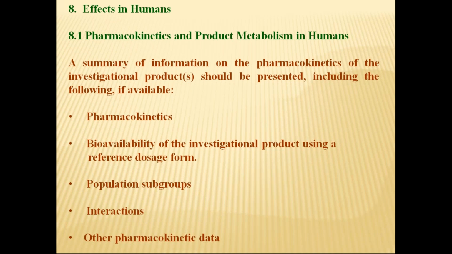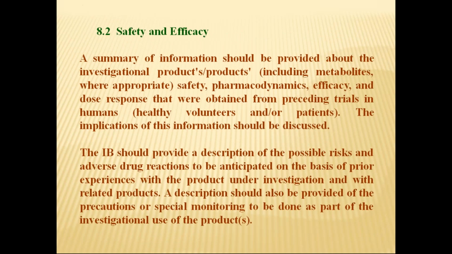So kinetics, dynamics, interactions, subgroups, availability of the product. Other pharmacokinetic data, interactions. 8.2 safety and efficacy. The summary of information should be provided with products, safety, kinetics, dynamics, pharmacology.